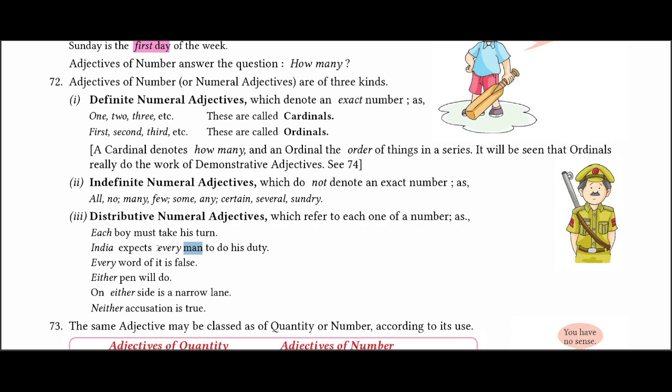And this word every, which is an adjective, is referring to each and every man in the group, every individual in the group. Similarly, every word of it is false. Word, although it appears to be a singular number, it's not one word that is being talked about. So every is modifying all the words.